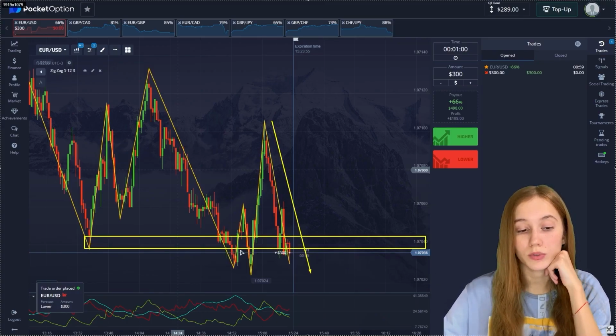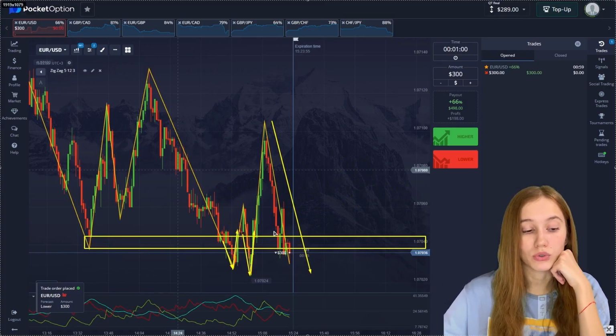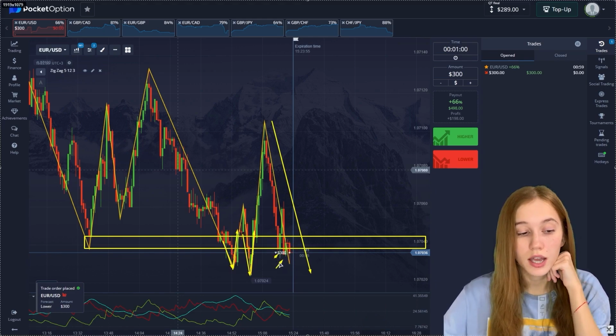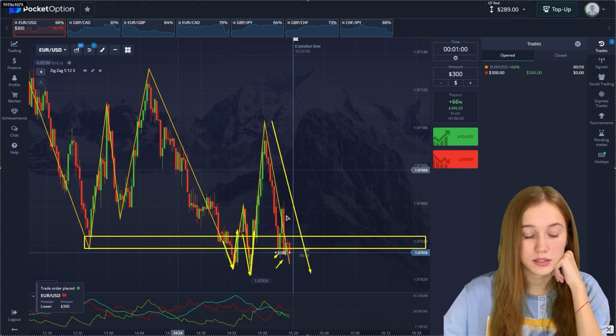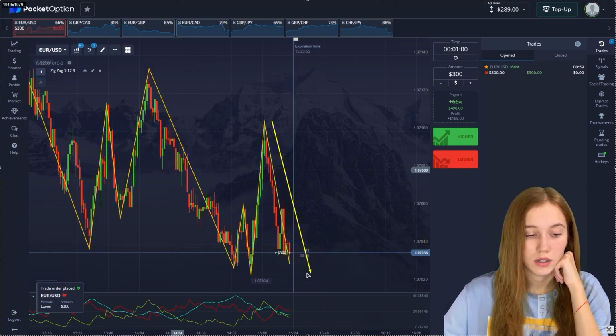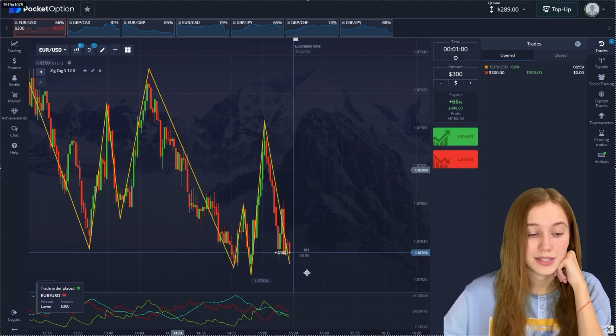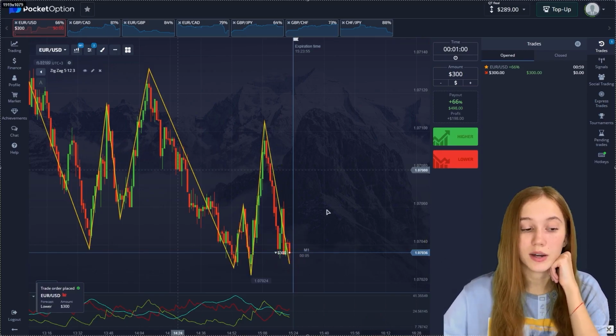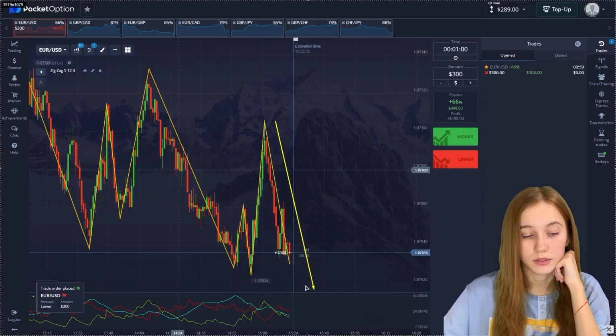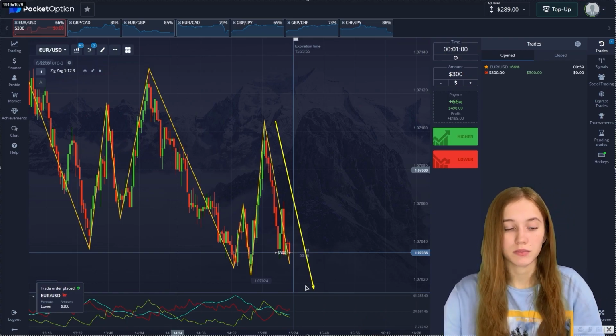Next we see the support area. We overcame it and rolled back many times. I think we will break through the support area. By the ZIG indicator, we see that we have a downward trend and the chart is going down. Good.